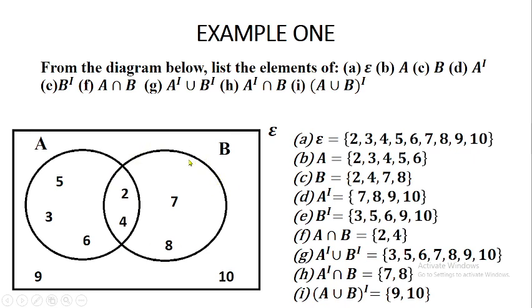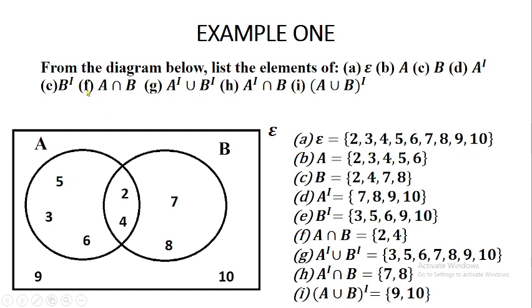Remove this set B now, then whatever you have left is the B complement. Then what would that be? That means you have 3, 5, 6, 9, 10. So B complement is 3, 5, 6, 9, 10 as the elements in it. I hope you understand that as well.